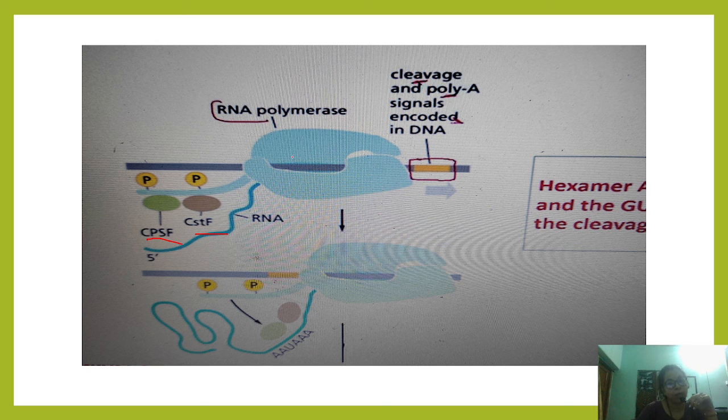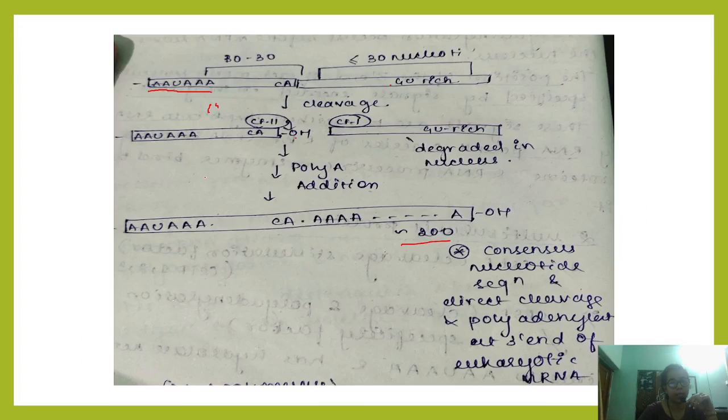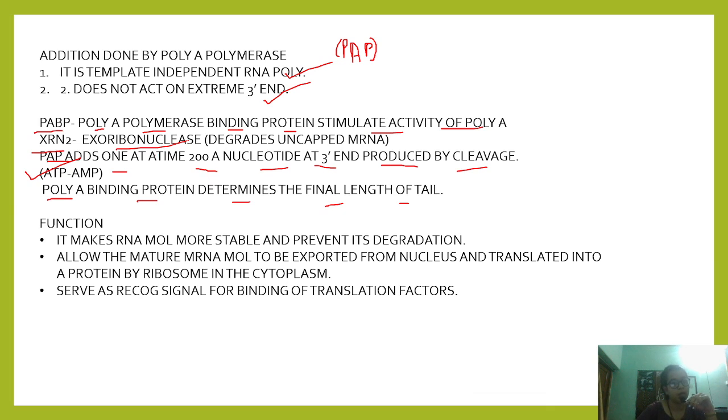Okay, and once this polymerase binds to this sequence, immediately the polyadenylation process will begin, and the CPSF will bind to this sequence, and the PAP protein will bind and start adding the nucleotides, and also the poly A binding protein will determine the final length.